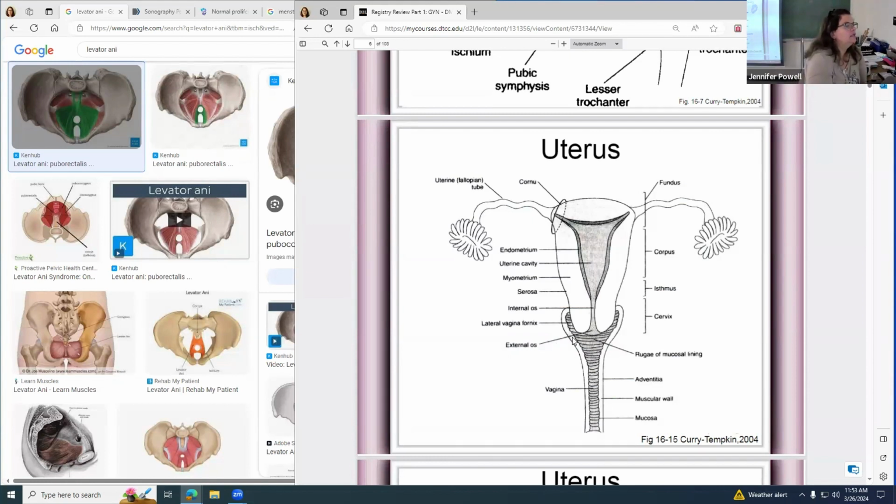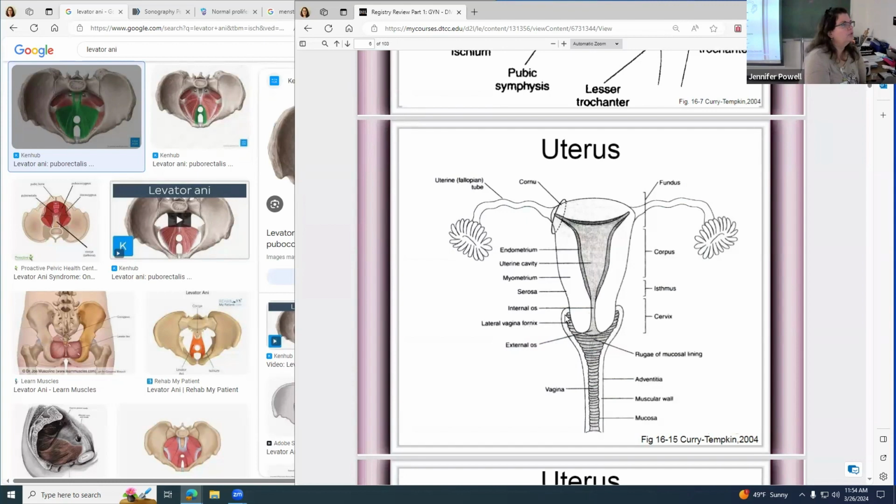Then you've got these lateral openings here. Those are called the lateral vaginal fornix, or the fornices for plural. So a lot of times when you're doing a transvaginal ultrasound, your probe actually goes up into these fornices.